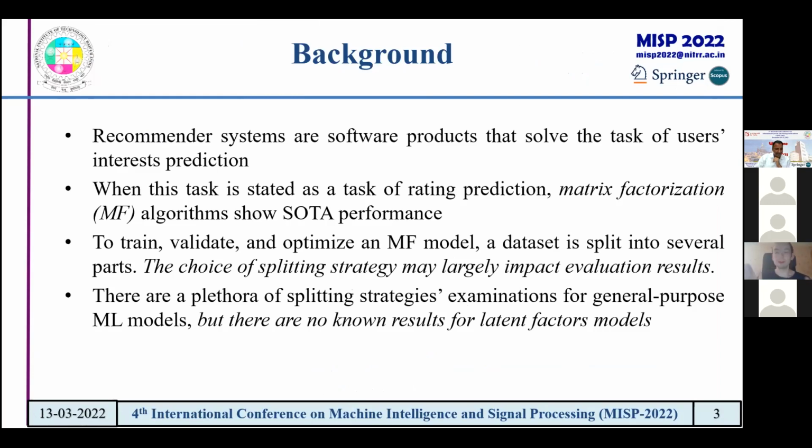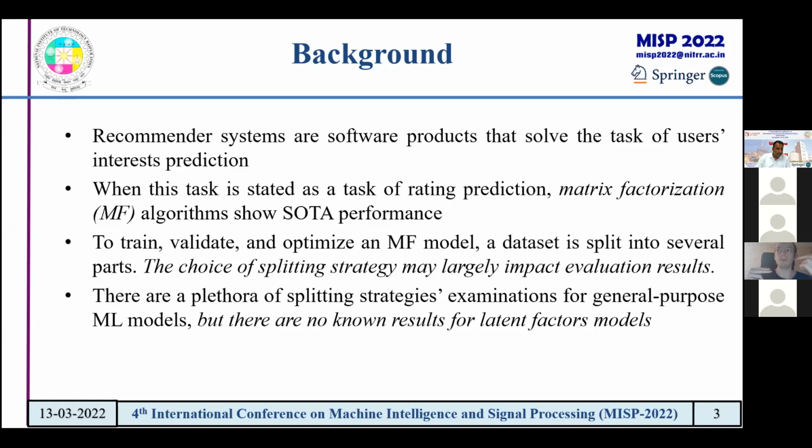Let's describe the problem we've tried to solve. Recommender systems solve the task of users' interest prediction. Often, this task is stated as a rating prediction task. In this case, matrix factorization algorithms show state-of-the-art performance on many datasets. To train, validate, and optimize such a model, it's needed to split a dataset into several parts.